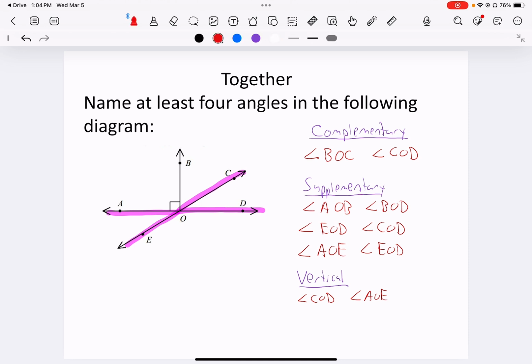So those two angles would be vertical because they're opposite to each other. And lastly, a pair of adjacent angles. Adjacent just means two angles that are next to each other. So one example would be angle BOC and angle COD. So BOC and COD are adjacent.